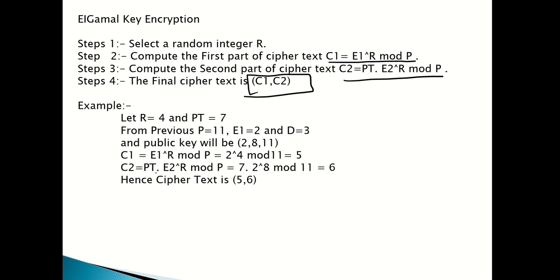Then C2 is equal to PT into E2 to the power R mod P, which is 7 into 8 to the power 4 mod 11, equal to 28672 mod 11, which is 6. Here the value is missing. Then the ciphertext is 5 comma 6. This is the whole thing for encryption.